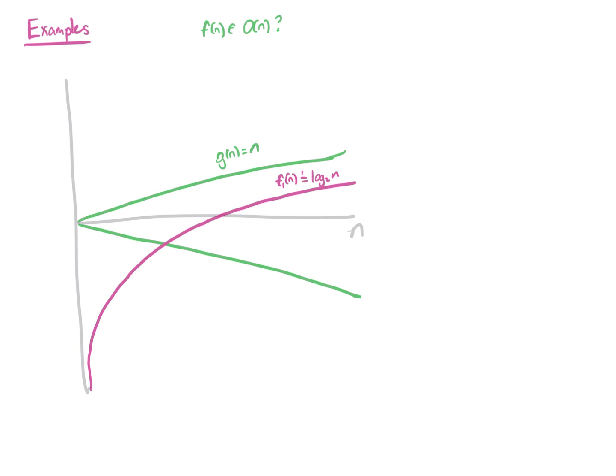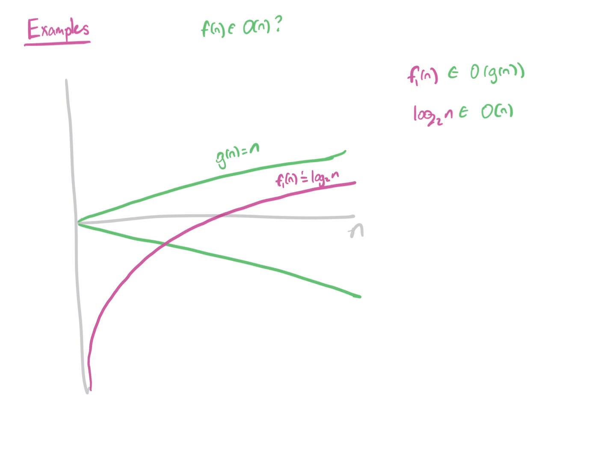And so we would say, indeed, that f1 of n is in big O of g of n, or just a little more casually, we would say that log 2 of n is in big O of n. So both of those mean the same thing. Okay, so that was one example.